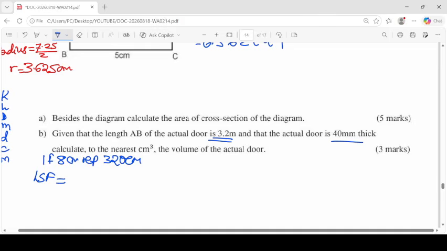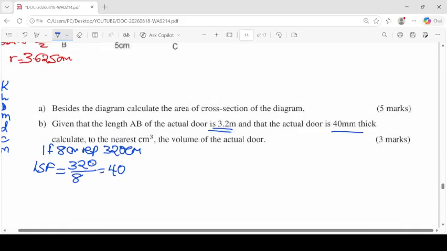The linear scale factor is the height of the actual object, which is 320, over the height of the diagram drawn, ladies and gentlemen. We are going to get 320 over 8. So the scale factor here is 40. That is the linear scale factor.